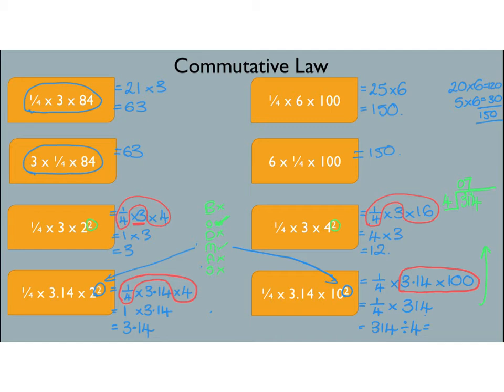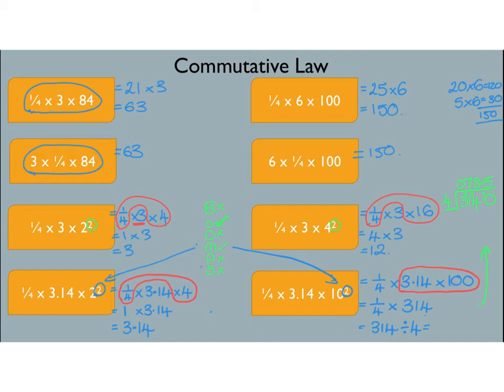How many 4s in 34? 4 times 8, so I've got 2 left over. How many 4s in 20? There's 5. Right, that's one way to do it, if you like doing your sums like that.